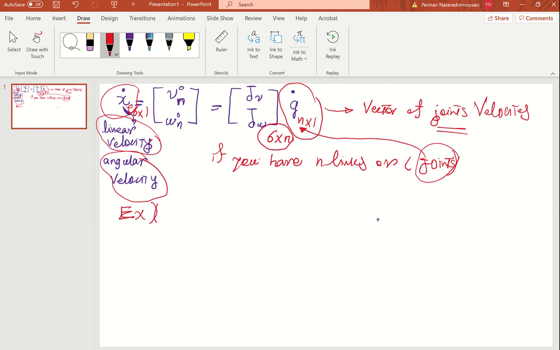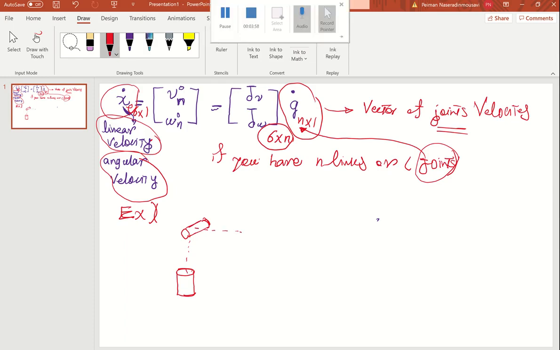So an example is this robot, guys. Finally, this is the end effector, n.